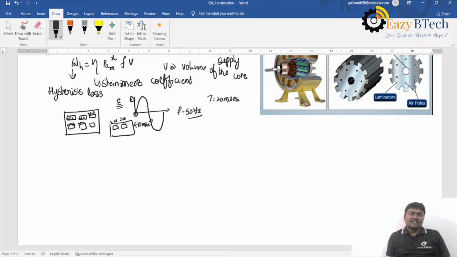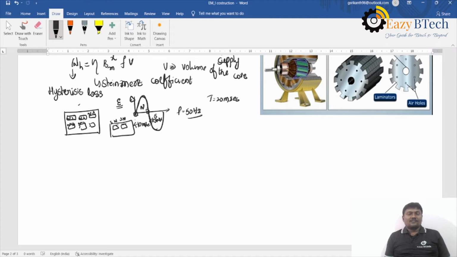The time period is 20 milliseconds, and half of the time period is 10 milliseconds. Within 10 milliseconds, the molecules change to north pole and again change direction at a very fast rate. So during this time, some power is wasted. That loss is called the hysteresis loss.